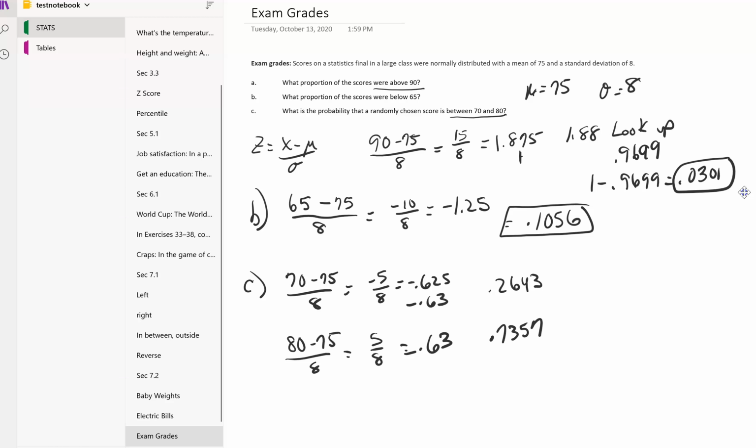Since this is an in-between, I subtract, so 0.7357 minus 0.2643, and my answer is 0.4714. So the probability that a randomly chosen grade is between those is 0.4714.